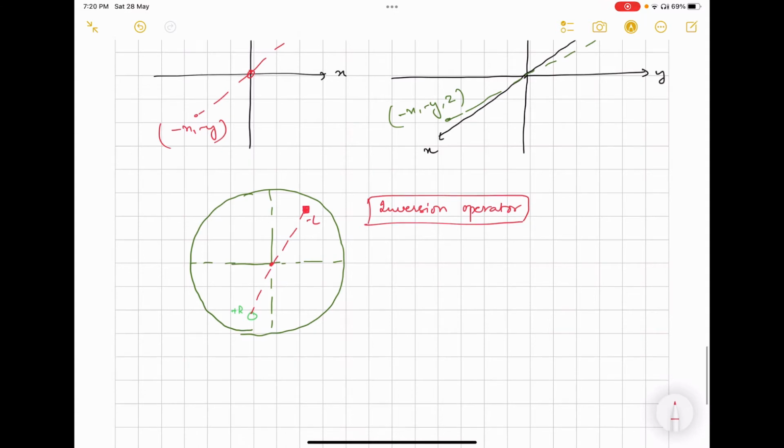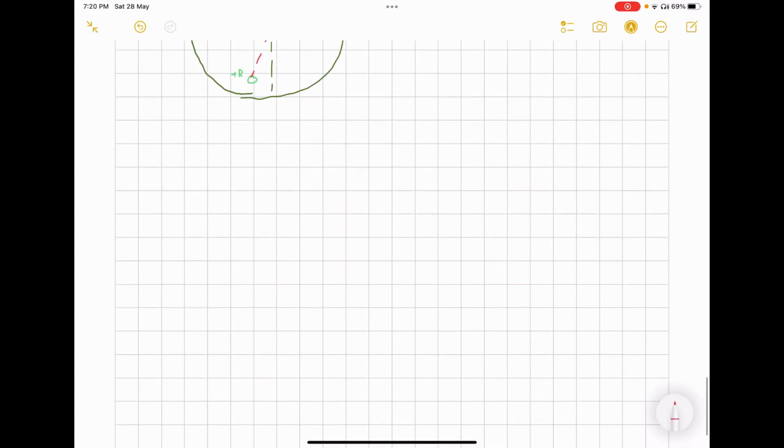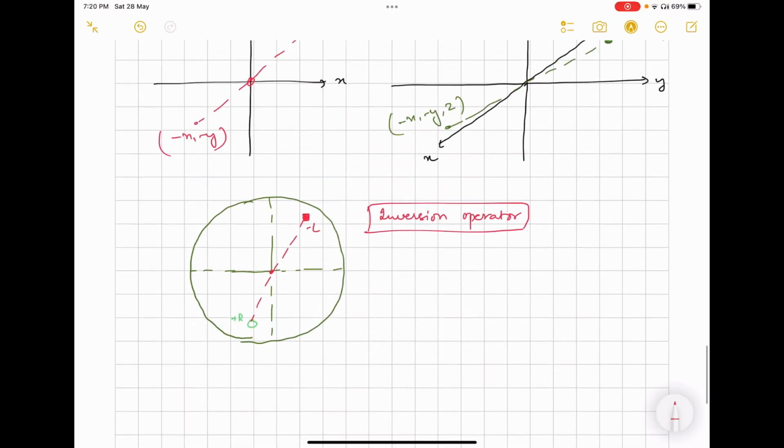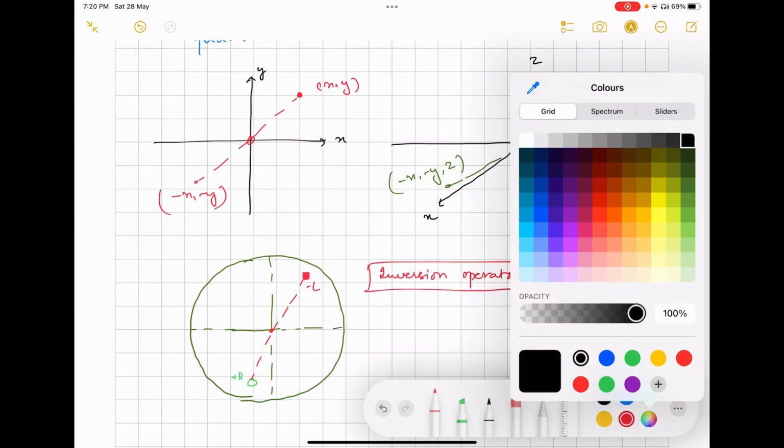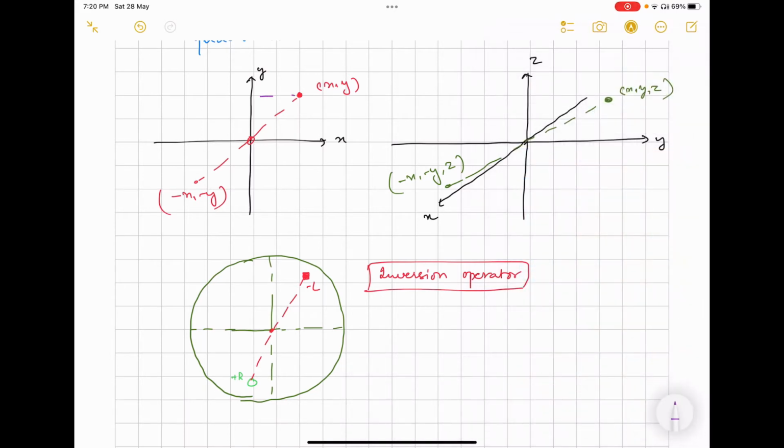Now, when you go to mirror, a vertical mirror or a horizontal mirror. So when you mirror about x-axis, if the mirror is horizontal one, this point goes here and it becomes minus x comma y.